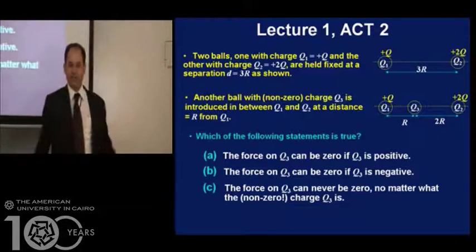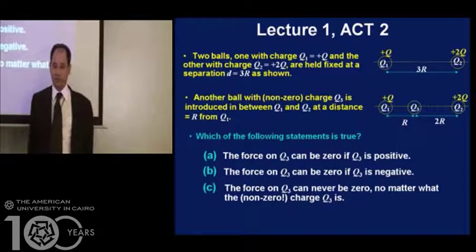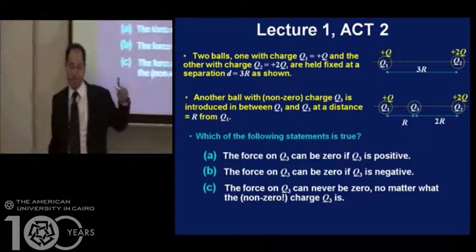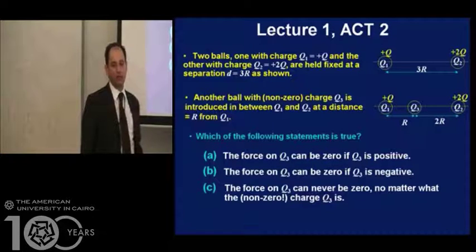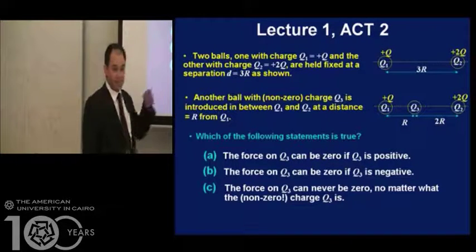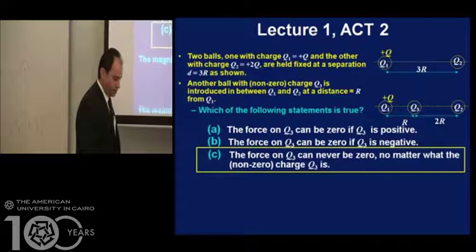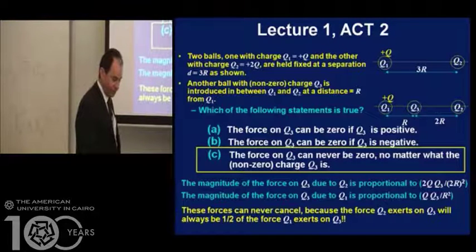It's not going to change. So statement number 2 is also not correct. It's not true. So no matter what the sign of Q3 is, you will not get a zero force on Q3. So that's C, as you said. Okay, and that's the answer, and that's the explanation. I will leave that for you to read when you study.